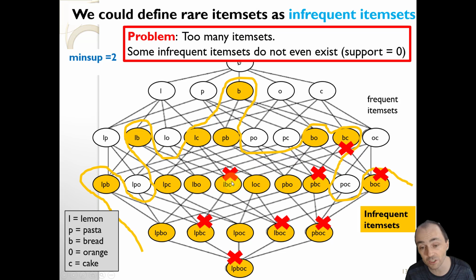So it is not useful to find them, and there can be millions of such item sets. Maybe not in this example because we have only 5 items, but if you have a bigger database with more distinct items, you will have a lot of item sets with a support of 0. So this is not so interesting.